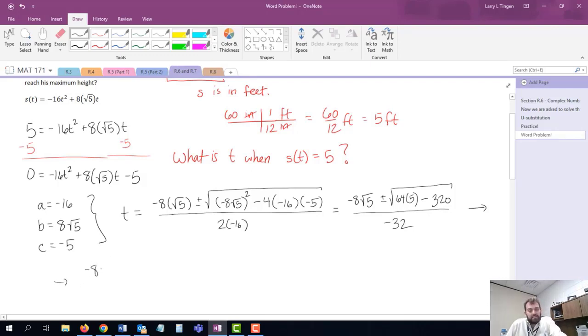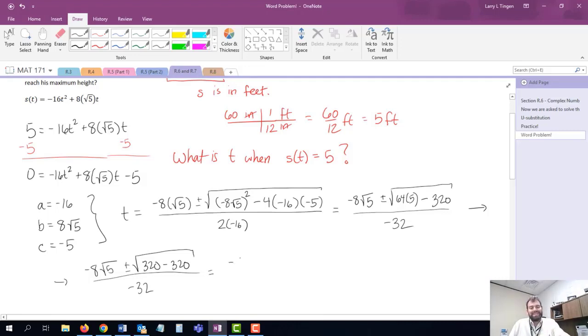I'm looking at negative 8 times the square root of 5 plus or minus the square root. 64 times 5 is 320. And something amazing has happened. Whenever we dealt with quadratics up to this point, we've always had that plus minus. That plus minus gives us two answers, correct?